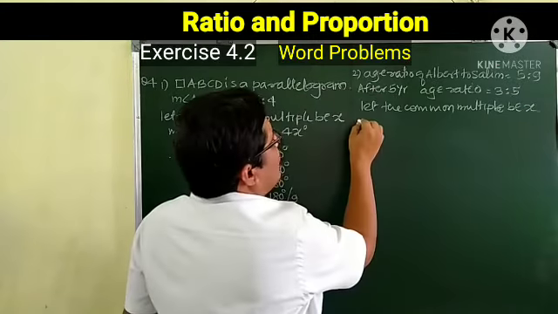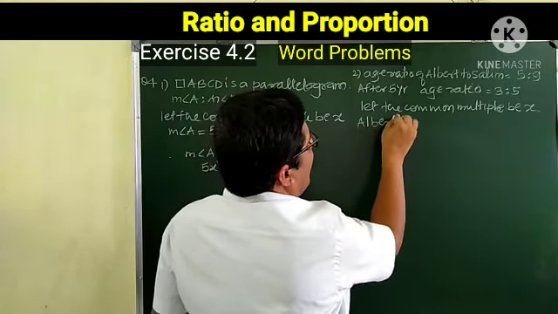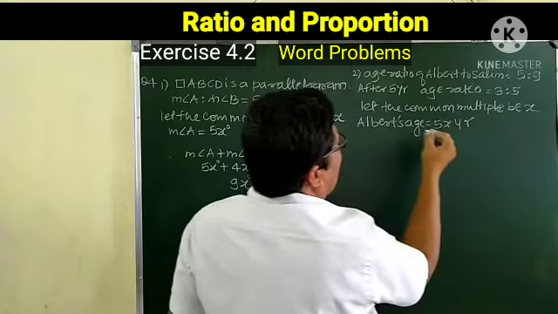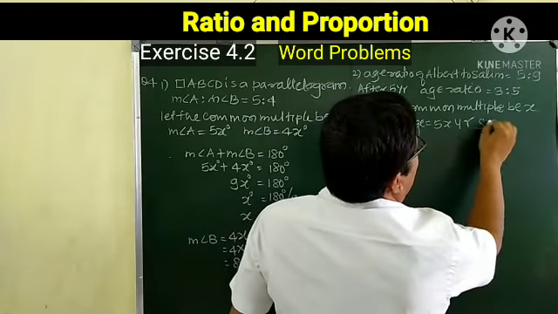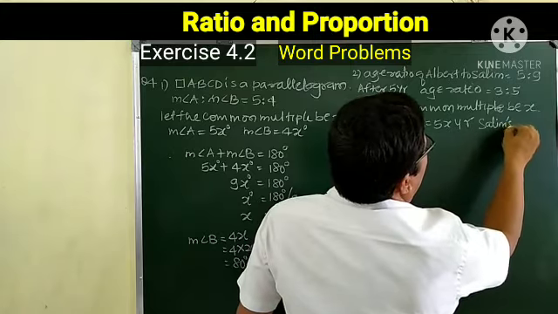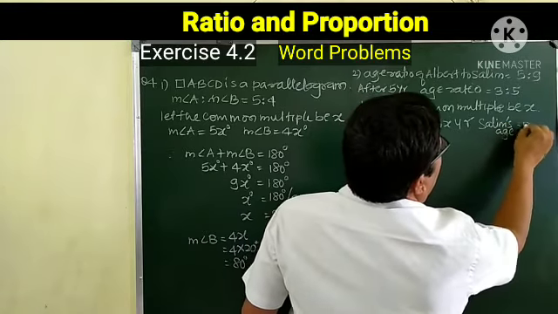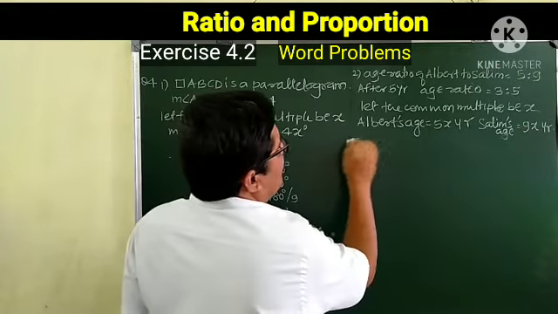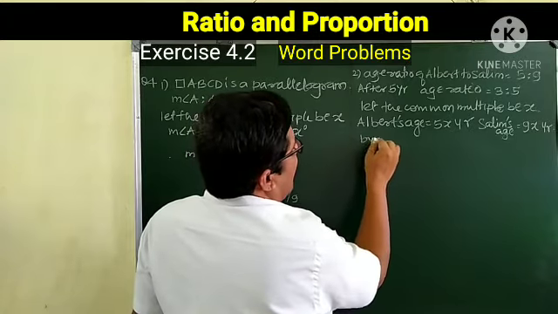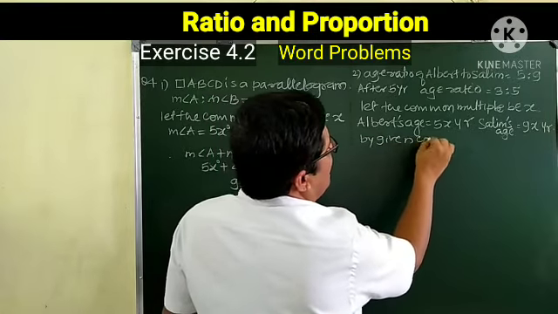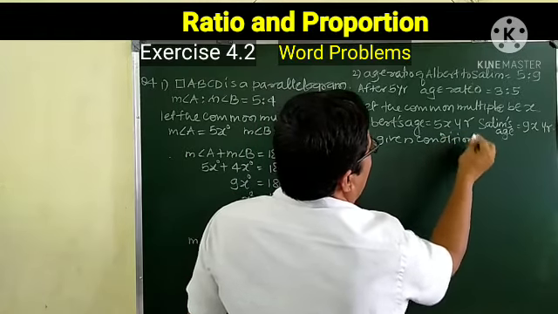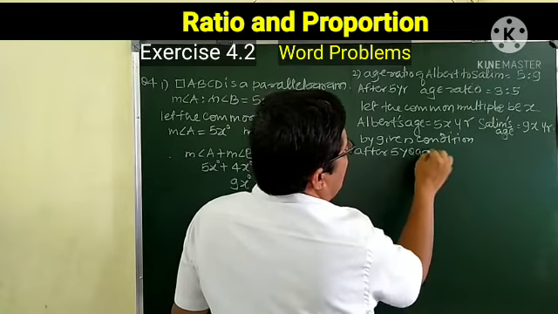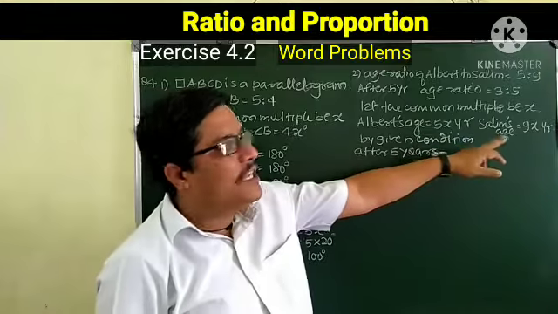So Albert's age is 5x years and Salim's age is 9x years. Now after 5 years, by the given condition, that is after 5 years, their age will increase by 5.